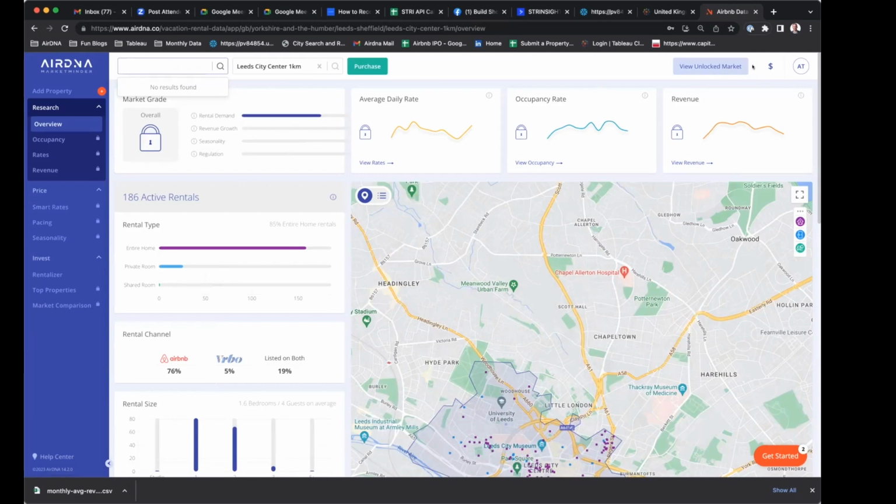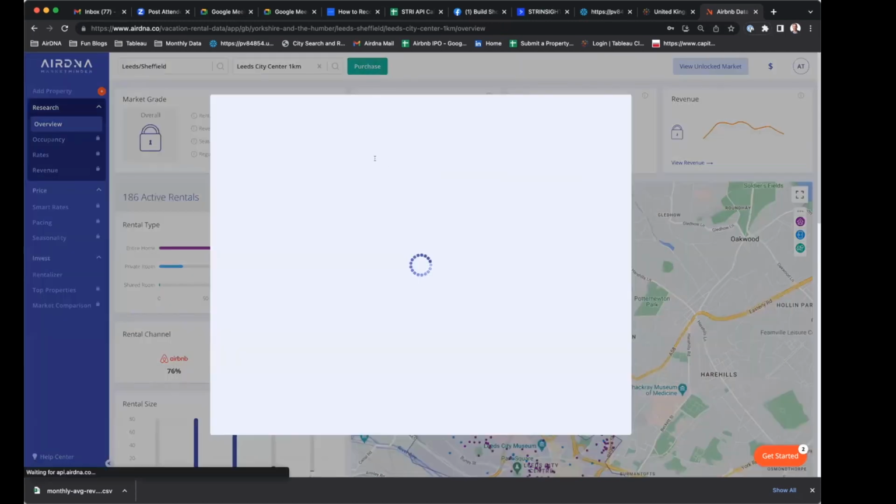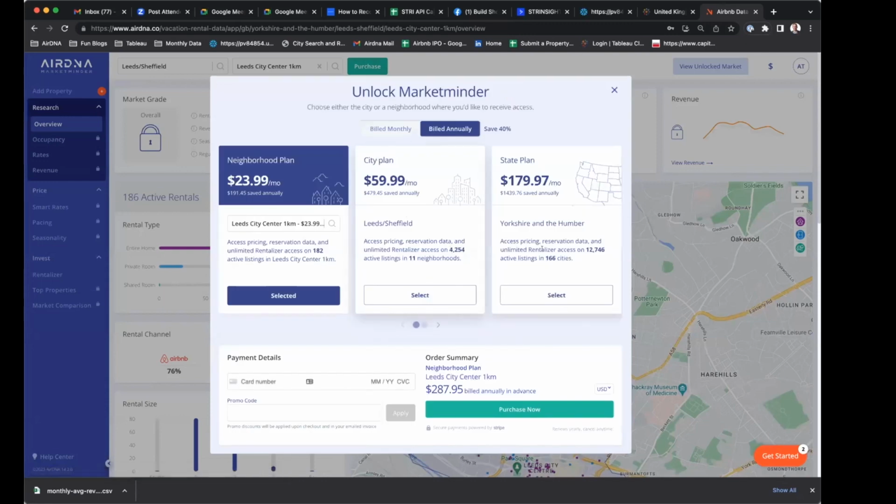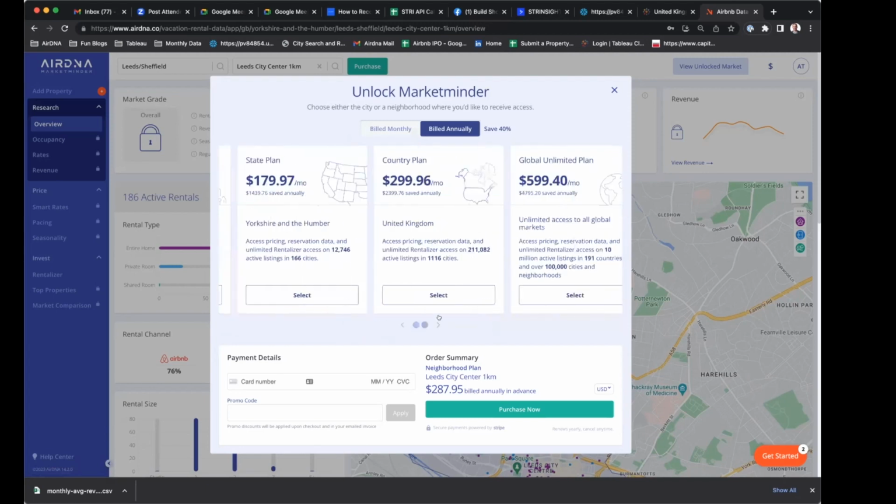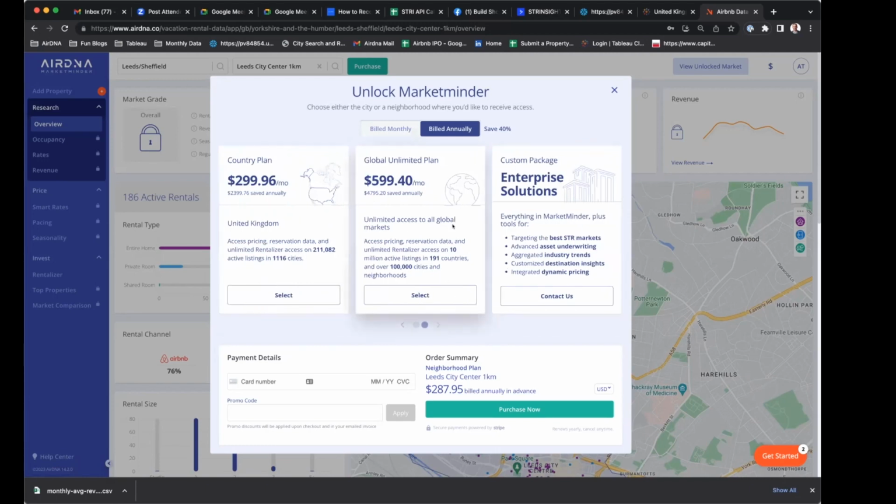We really give you lots of options there to subscribe to what makes most sense. You can click on the purchase button and it shows the range of options: neighborhood, city, state, or you could go to the entire country or even global. Just take on the globe.